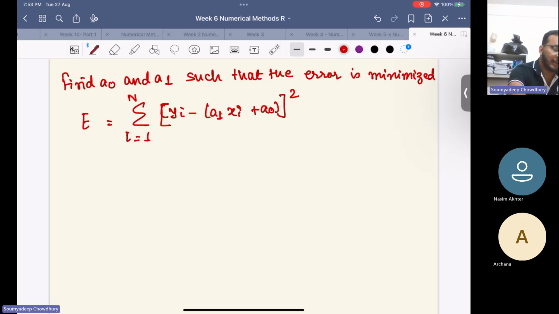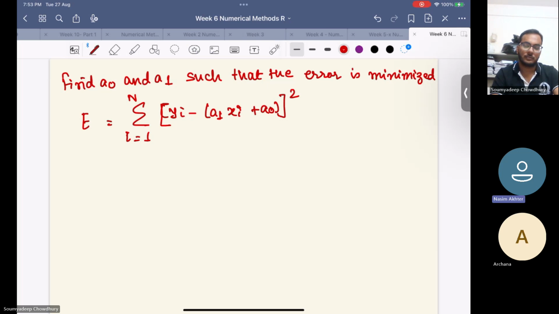You have learned about maxima and minima in calculus in class 11 and 12, right? To minimize a function, what is the condition? The double derivative should be greater than 0. That is the second condition. What is the first condition for maxima or minima?